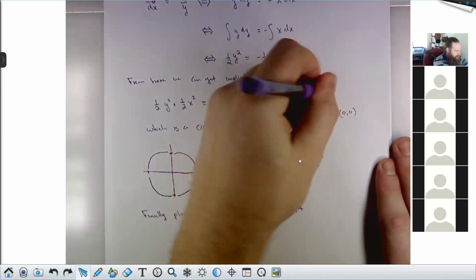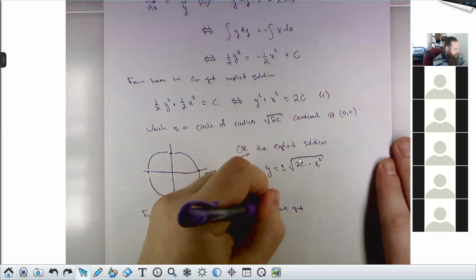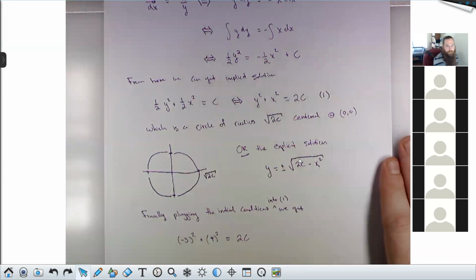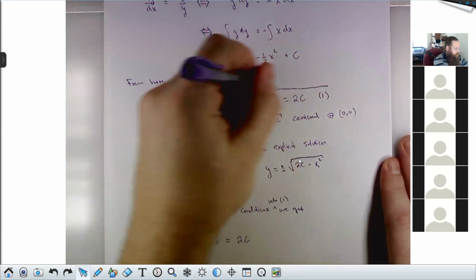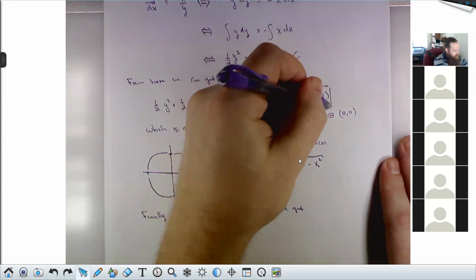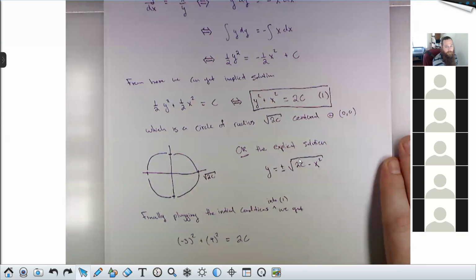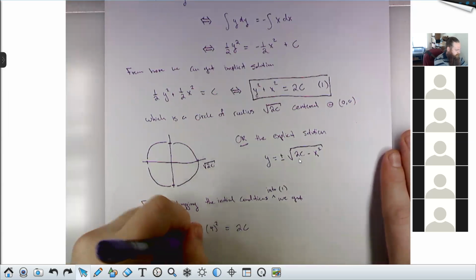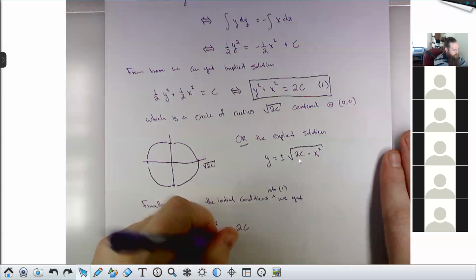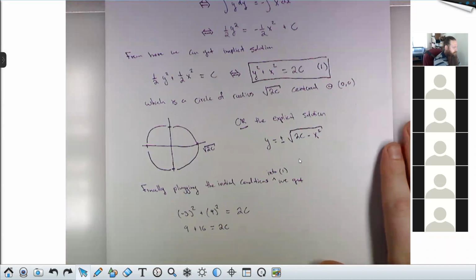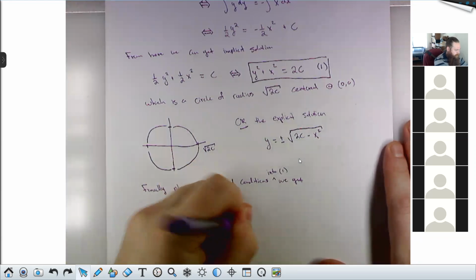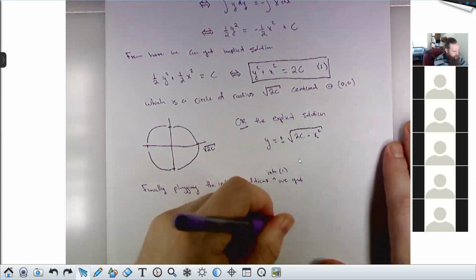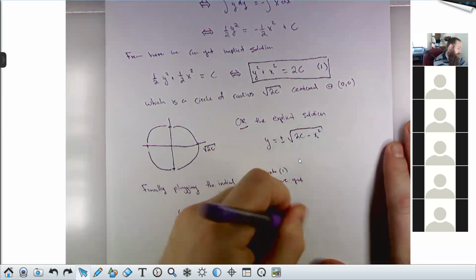This is equation 1, plugging the initial conditions into equation 1. 3 squared is 9, 4 squared is 16. So 9 plus 16 is equal to 2c. 9 plus 16 is 25. So 25 is equal to 2c, which means c has to be 25 halves.